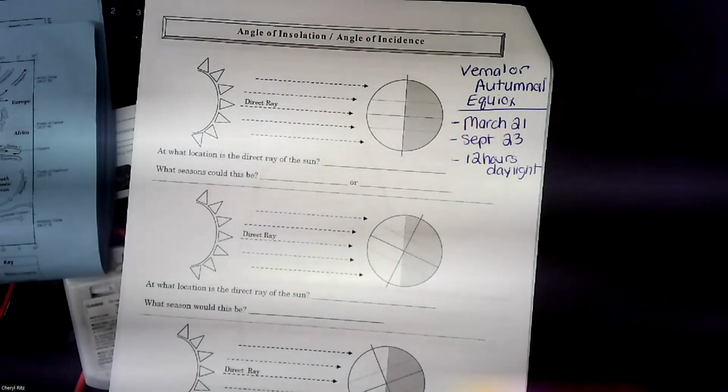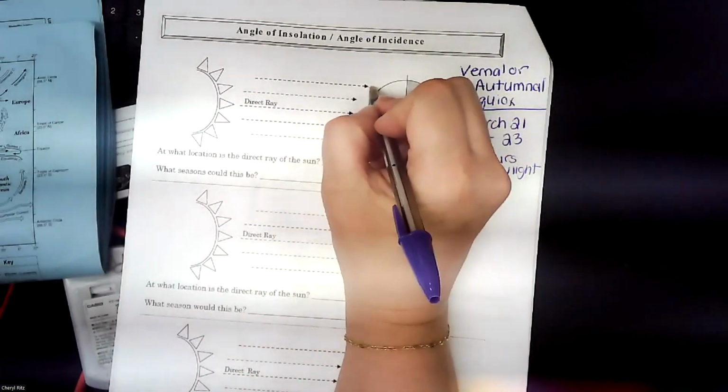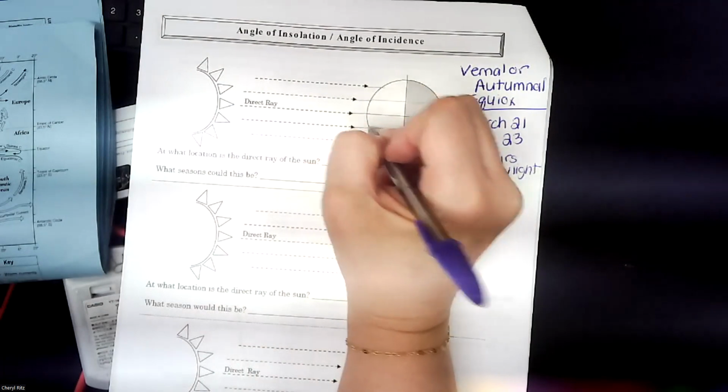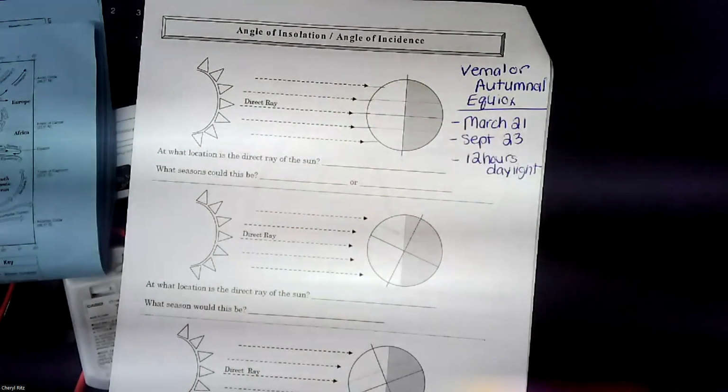But now we got to talk about the direct rays of the sun. So remember, that happens when the sun is directly over your head. So notice how these lines are coming in from the sun and hitting Earth. Where is that sunlight line hitting at a 90-degree angle?